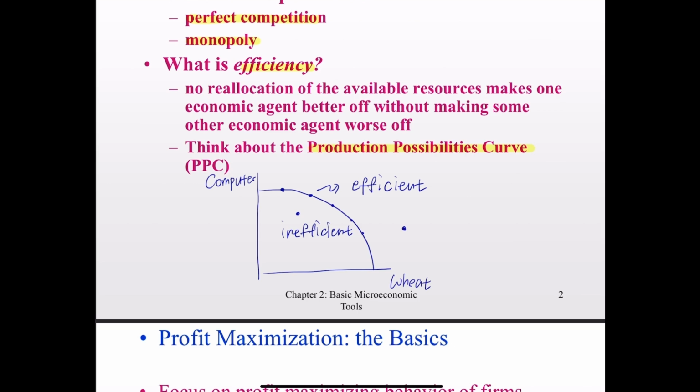So the PPC helps us understand efficiency because it shows that at any point on the curve, we cannot produce more of one good without producing less of the other. This leads directly to our definition of efficiency: we cannot make someone better off without making someone else worse off. Understanding the concept of efficiency and the PPC will help us, as we move forward, to analyze different market structures and their performance.